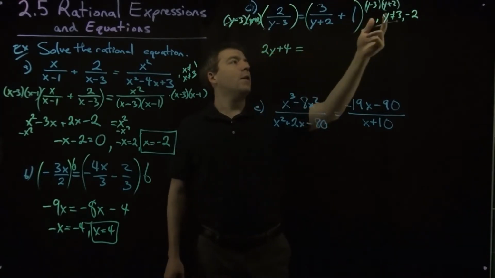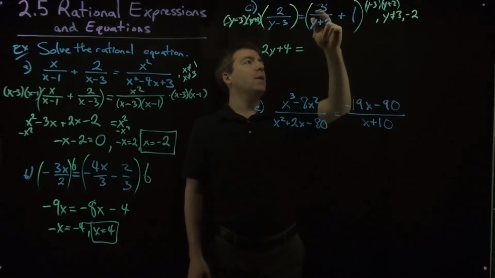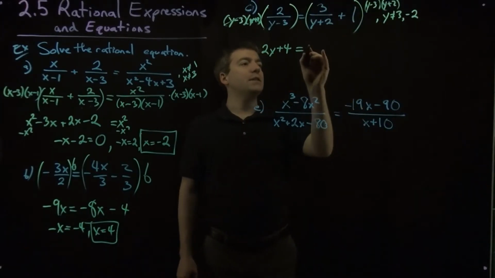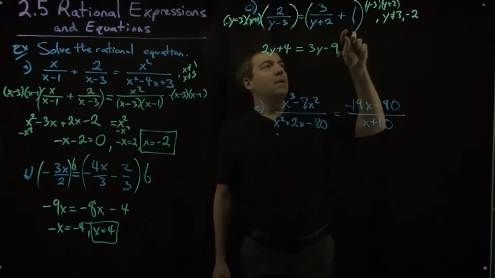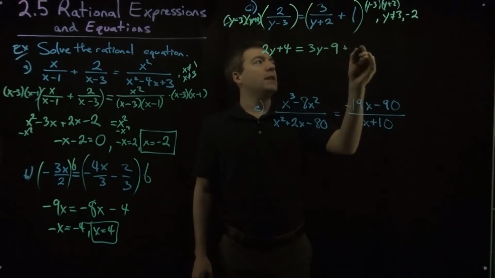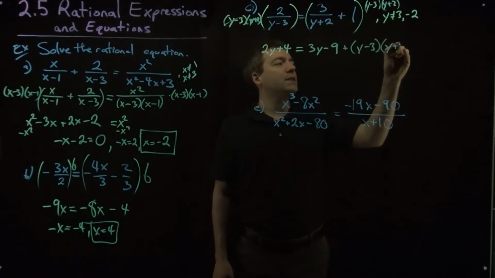equals. Over here, we want to multiply this into this first term, so the y plus 2's go away. We have 3 times y minus 3. That's 3y minus 9. Now the product of these goes into the 1 here, so plus y minus 3 times y plus 2.